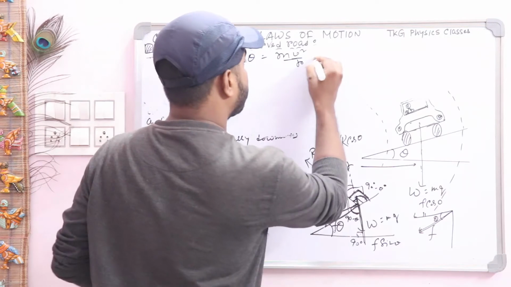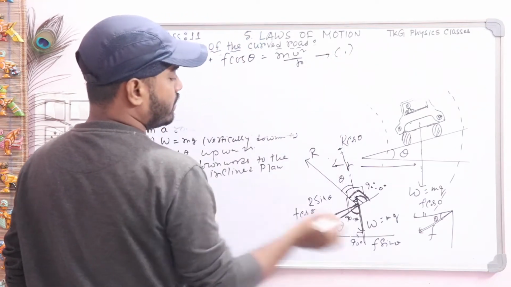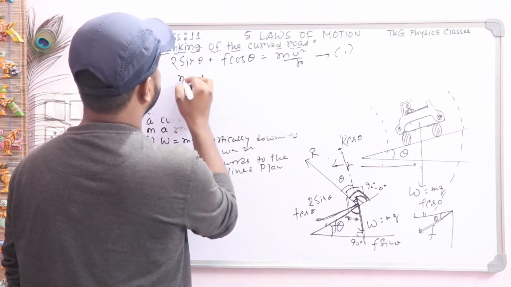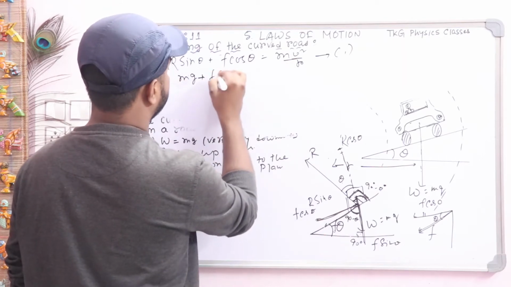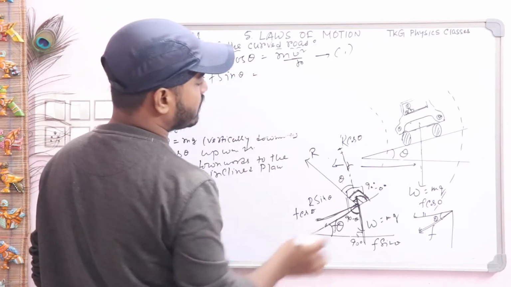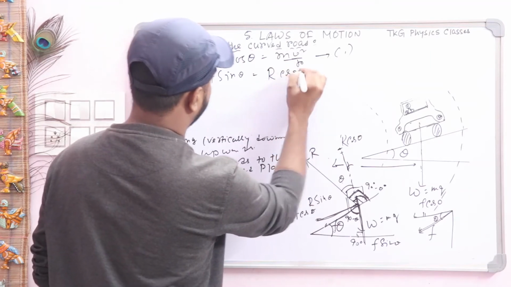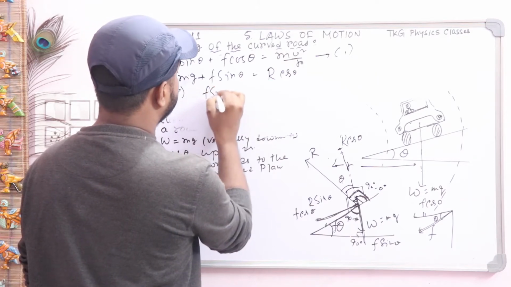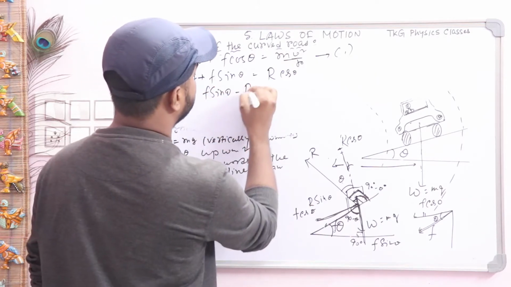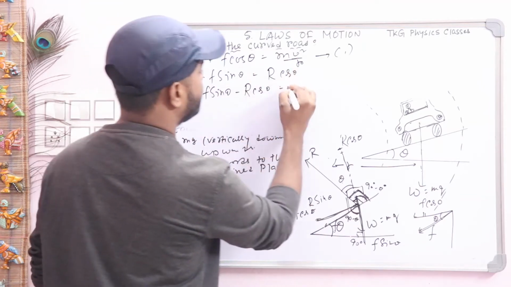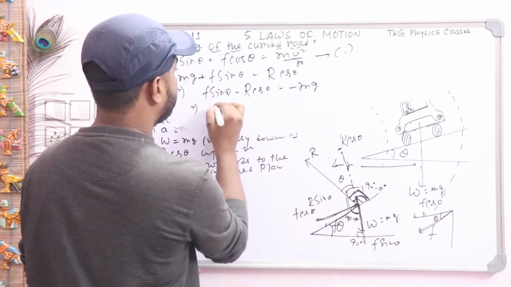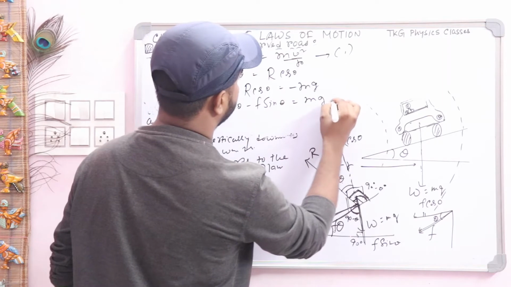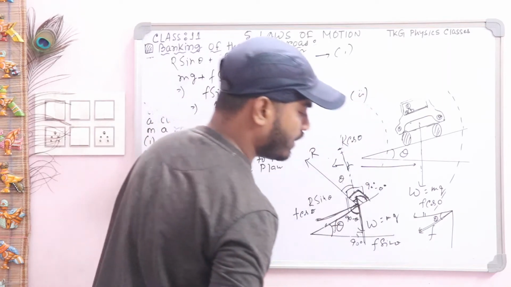So R cos theta minus f sin theta equals mg. This is our equation number 2.